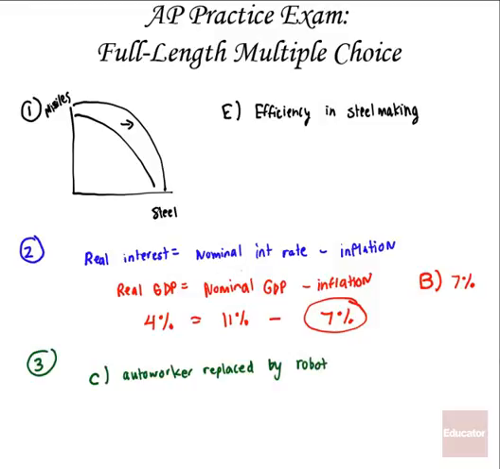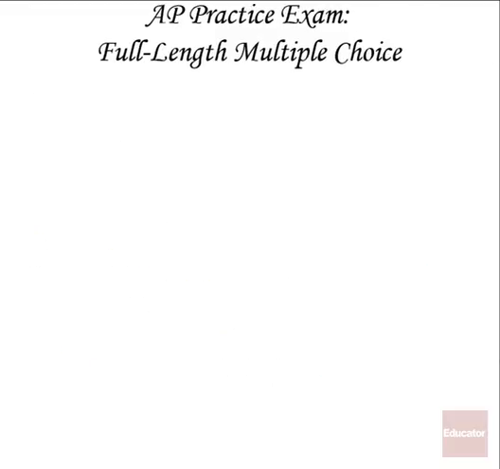Okay, question number 4 deals with what's going to happen if there's a large increase in labor productivity. Then what's going to happen to the real GDP and to the price level? How is that going to look on a graph? So you have the SRAS and the aggregate demand.